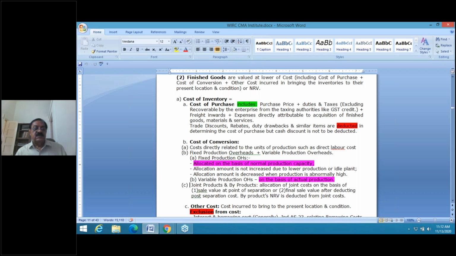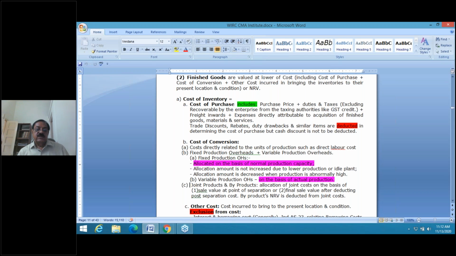Then friends, the third part: sometimes the process is such that at the end of the process you get 2-3 joint products. So how to apportion the joint cost over the joint products, that you learn in your cost accounting very well in Inter level. So joint products and byproducts: allocation of joint cost on the basis of sales value at the point of split off, that is separation, or NRSV, final sales value after deducting post separation cost.